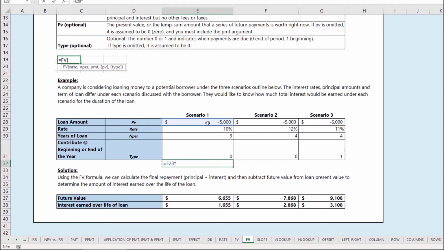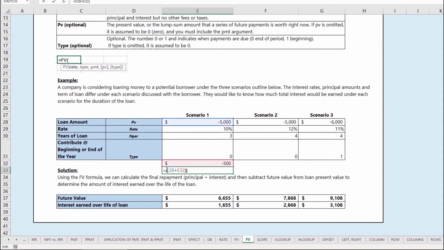If we were to represent that in a manual way, we could say, what's 5,000 times 1.1? And that gives us $5,500, right? So the initial $5,000 loan plus $500 interest after year 1. And then if we were to take the $5,000 plus the $500, we get $5,500.